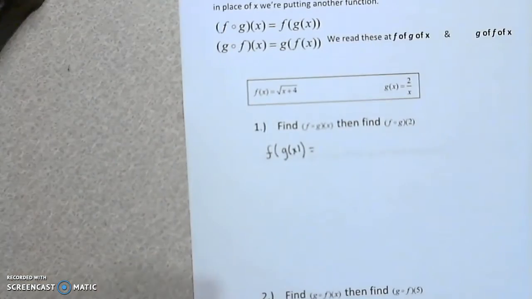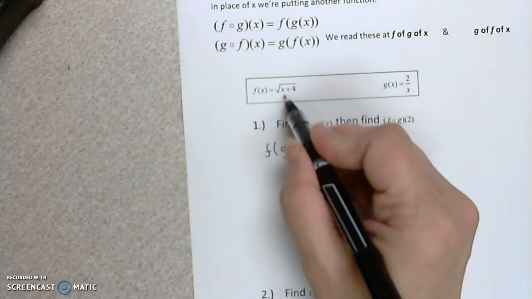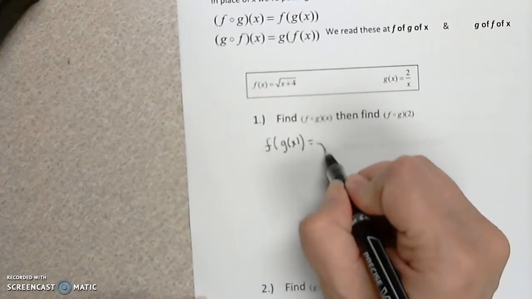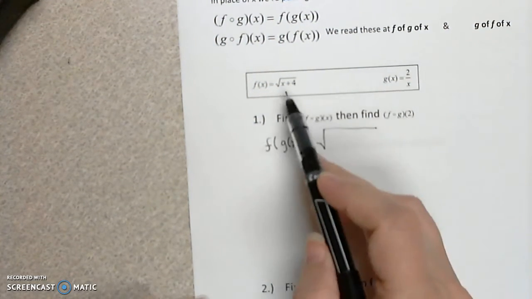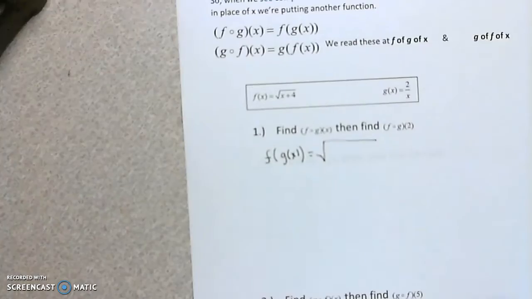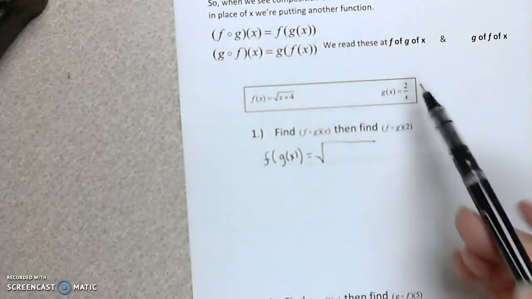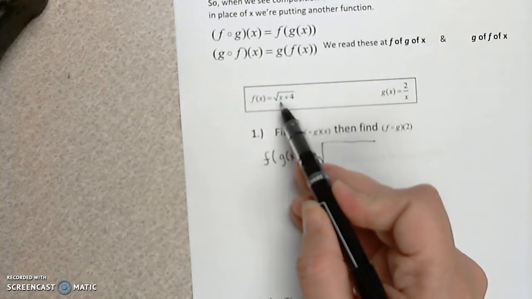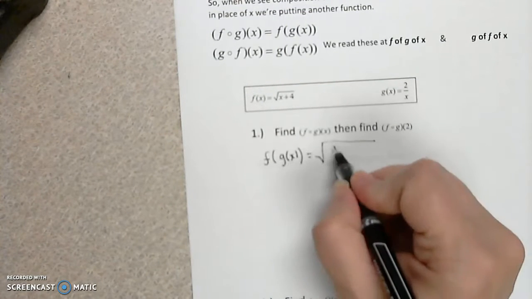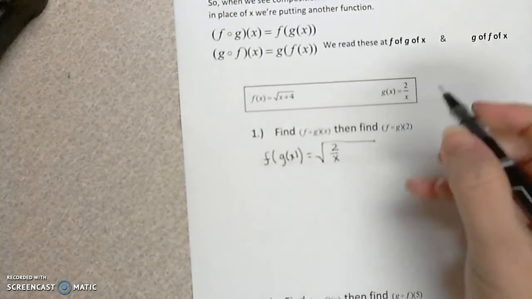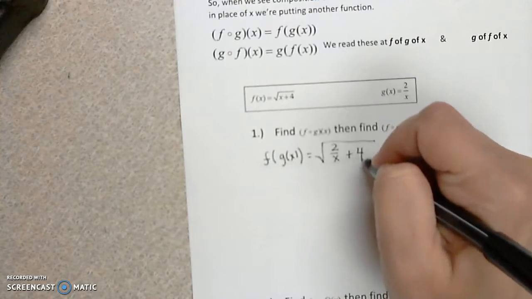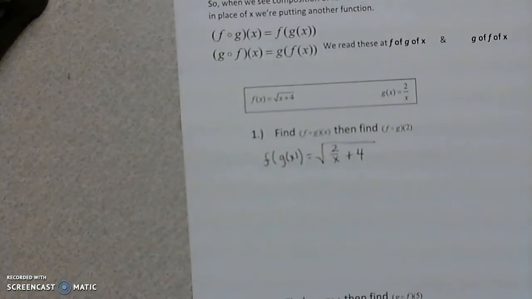We're going to take the function f, which is the square root of x plus 4, and everywhere there's an x, we're going to replace it with g. So instead of writing x, I'm going to write 2 over x, plus 4. And then that would be my new function.